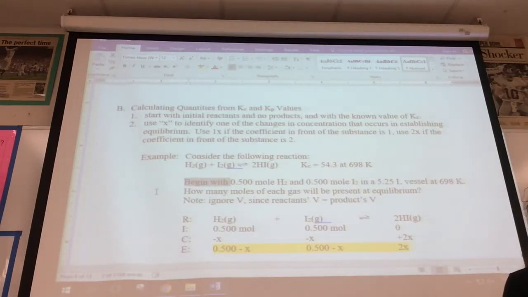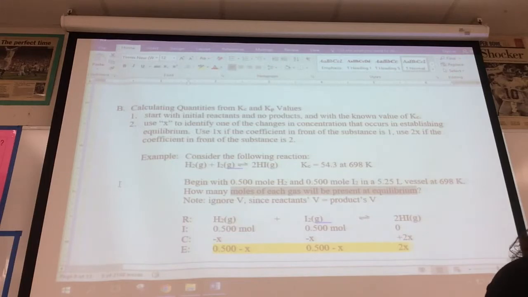Those are all initial amounts. Look for any type of wording, and this is where the homework problems will really help you. Begin with 0.5 moles of hydrogen gas and 0.5 moles of iodine in a 5.25 liter vessel at 698 Kelvin. You want to know how many moles of each gas will be present at equilibrium.